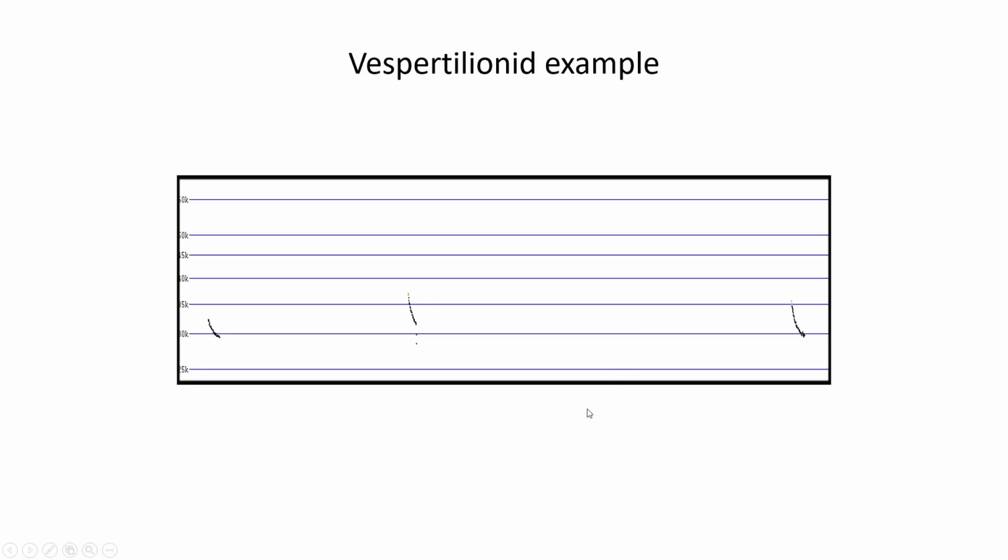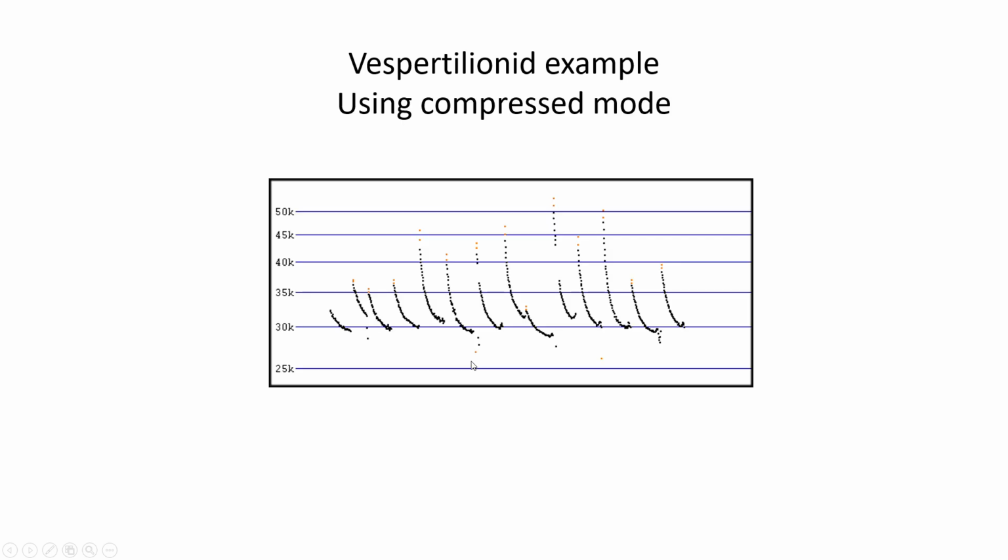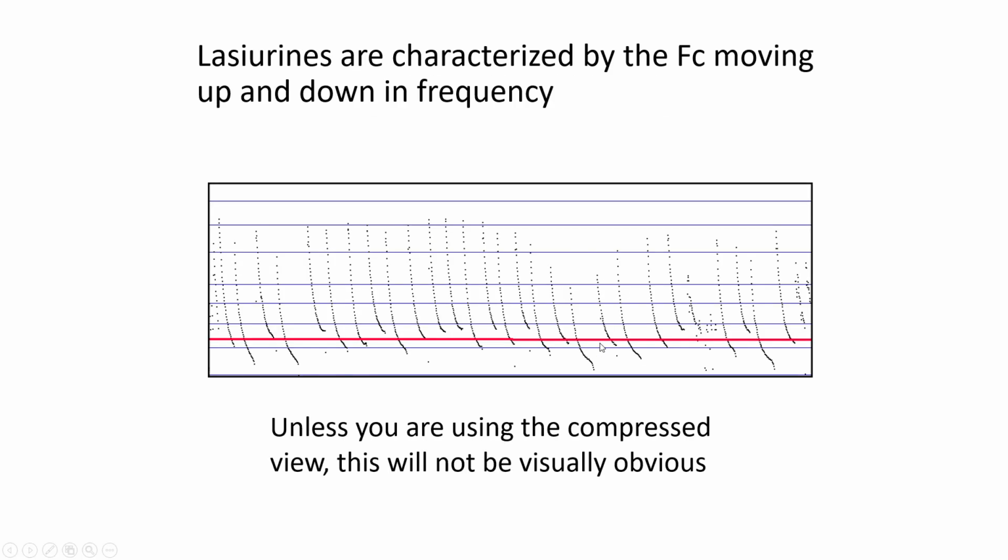Here's our Vespertilionid example. Well, we've got 3 pulses. Doesn't really tell us a whole lot. If we go to compressed mode, you see a whole lot more detail. Also important in this detail is how the call pulses themselves are changing.